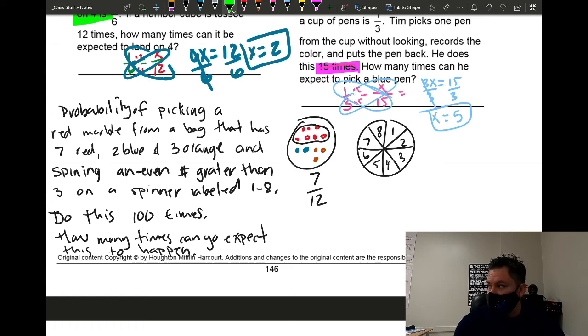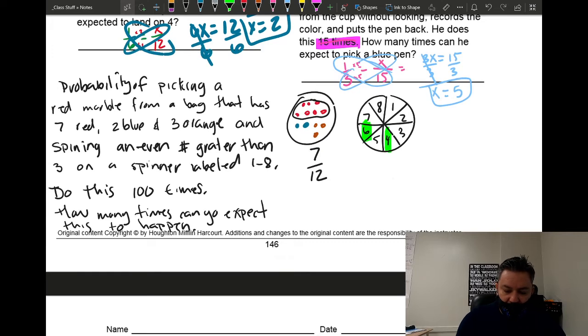Is it greater than 3? Yes. What about 5? Is it even? No. What about 6? It is even. Is it greater than 3? Yes. What about 7? No. What about 8? Even, greater than 3. So how many are those? 3 out of 8. Correct?